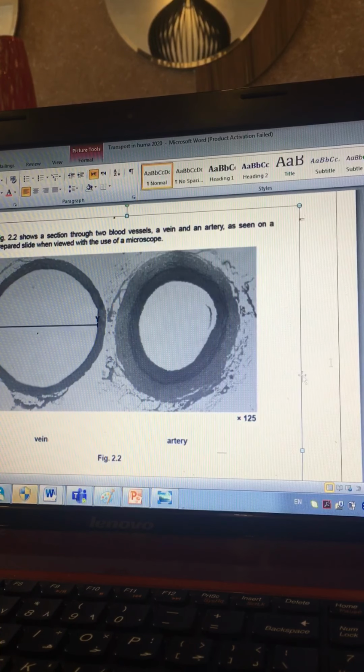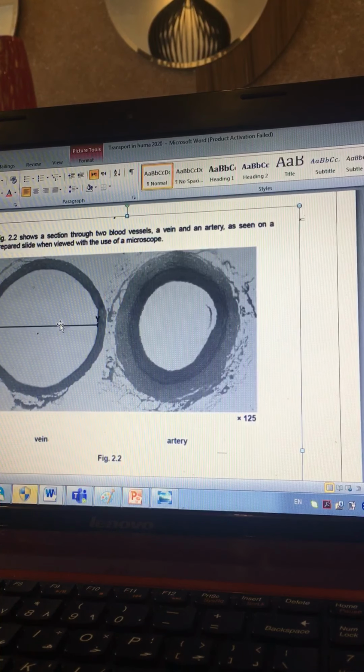Look at the magnification here. It is 125 times the real size. So the magnification here, it is shown. Do you see the cursor? So it is 125 greater than what? Than the real size of it.